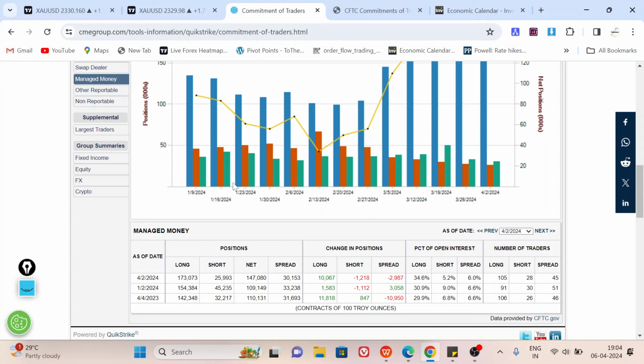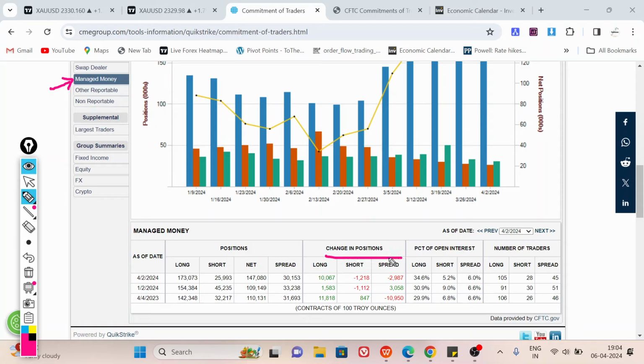If we check the numbers of the managed money for this particular week, you can see in the change in positions column that the managed money is again building, or you can say increasing, their long positions.